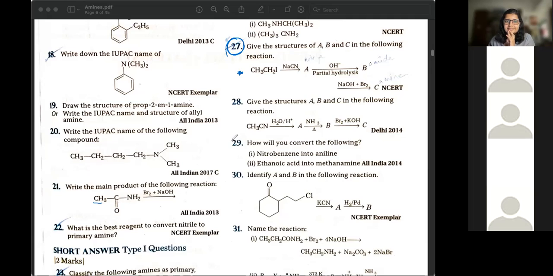Mitali, see, in the final step, you're treating it with bromine plus NaOH. Ma'am, but it's asking A, B, and C, right? So we'll give you all 3, right? Oh, okay, A, B, C. Yes, give me all of them. That's fine. Yes. Then is it right? Yeah, A is correct.